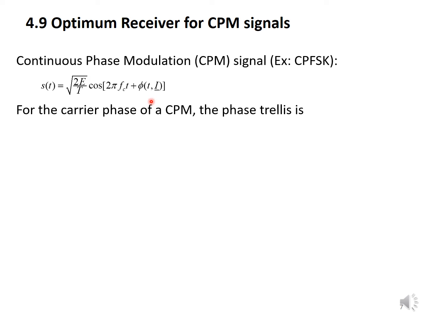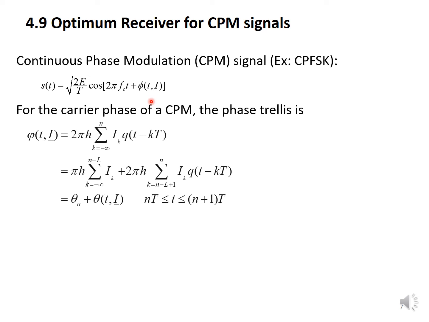Okay, for the carrier phase of the CPM, remember the phase trellis. The phase trellis of each symbol is the accumulation of the phase changes, right?